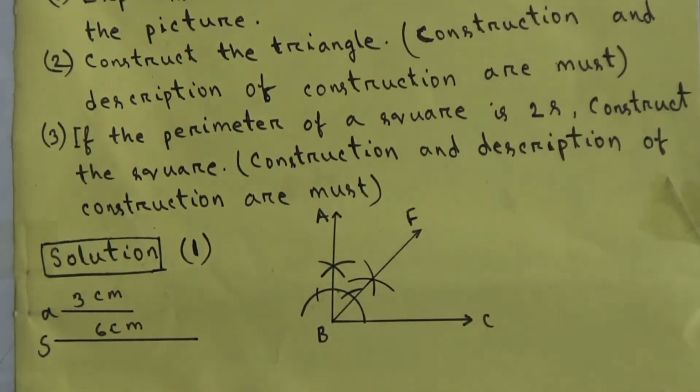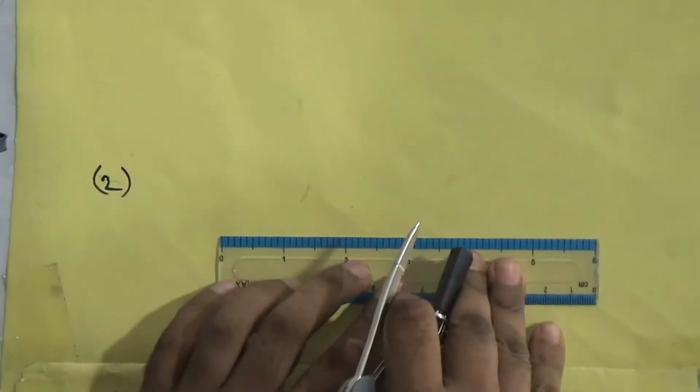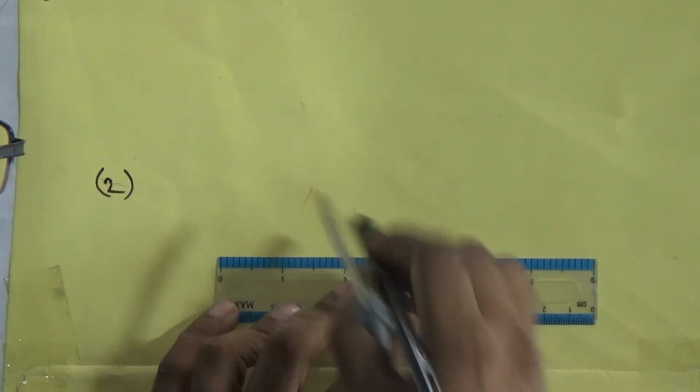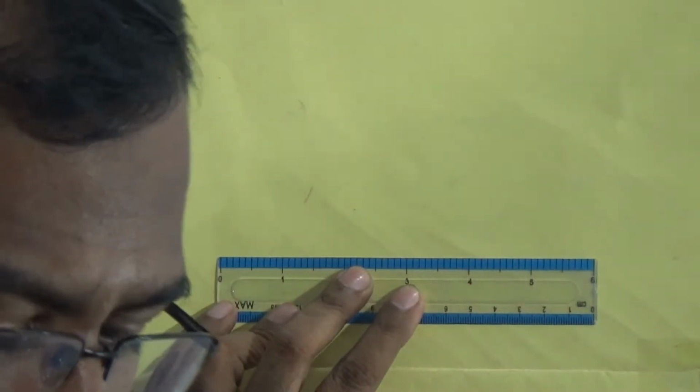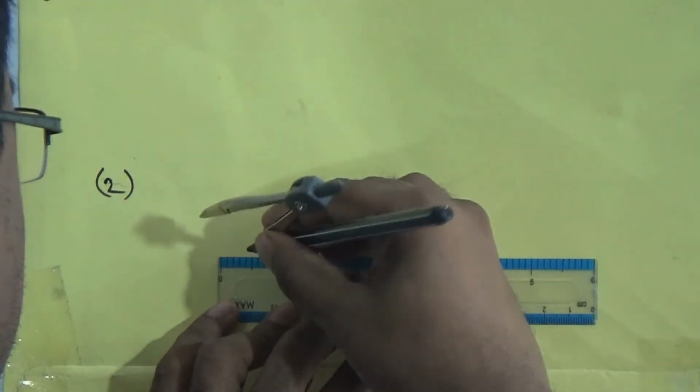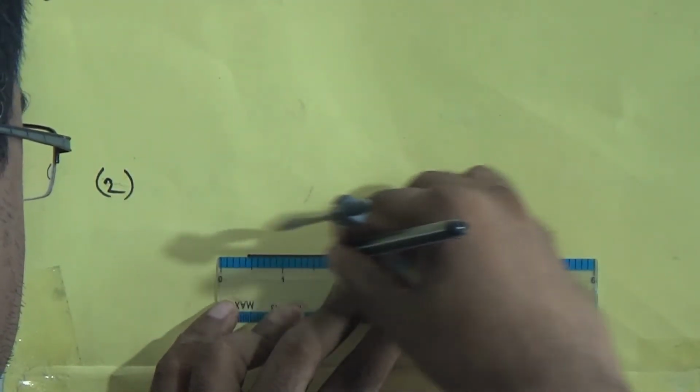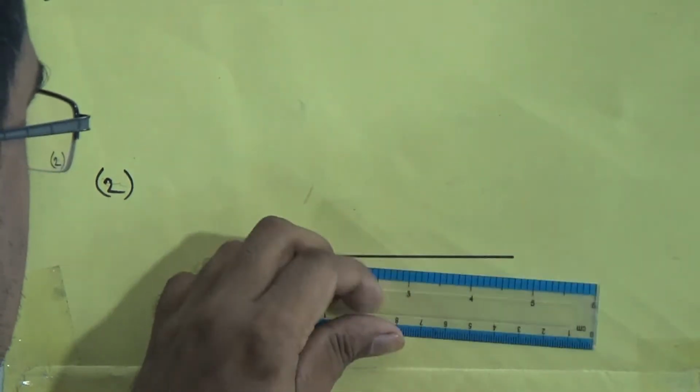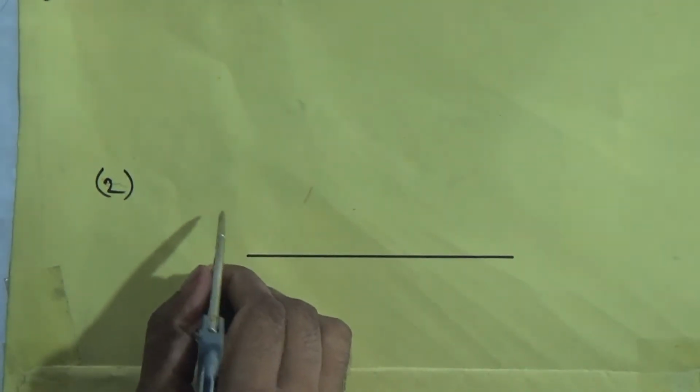Okay, for drawing the triangle, at first we will draw a ray AX. This is the ray AX.